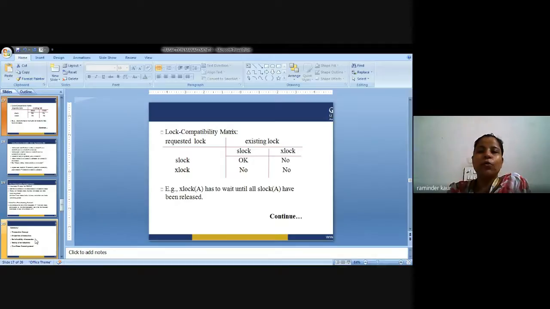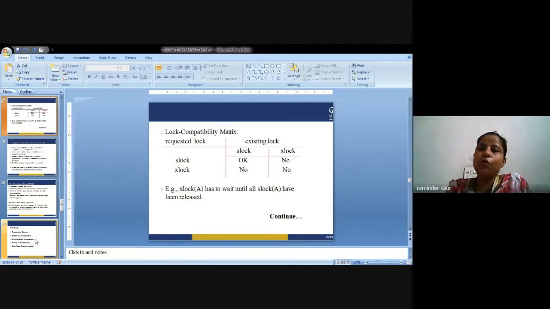S lock and X lock, no. All other combinations answer no, and only S lock to S lock answers okay. What does that mean? Shared means only read, not update, and exclusive lock means read and update are also available. While reading only, no other operation is performed.